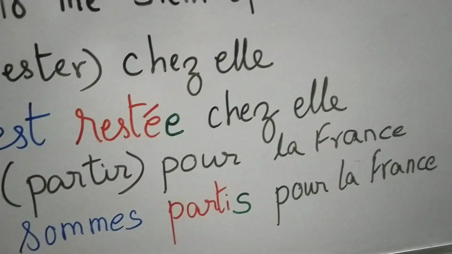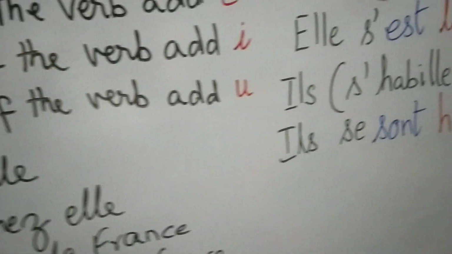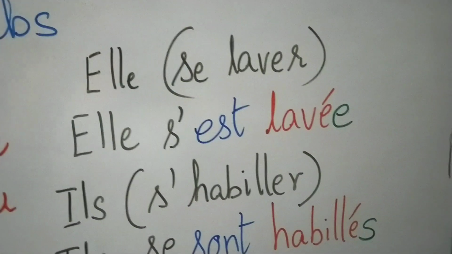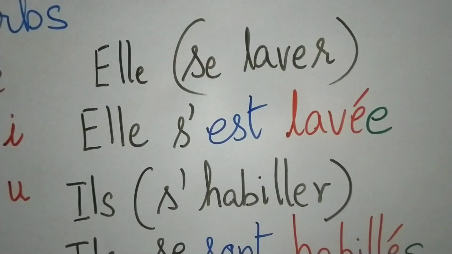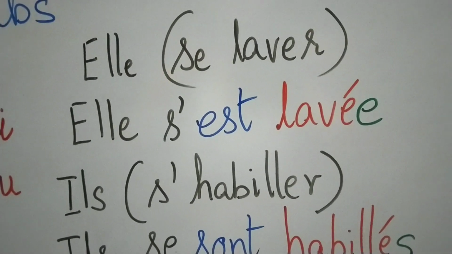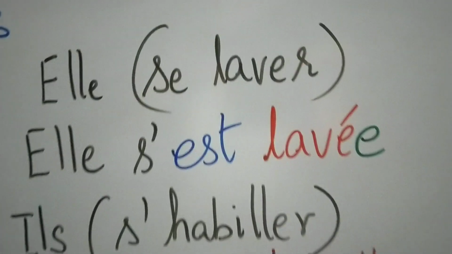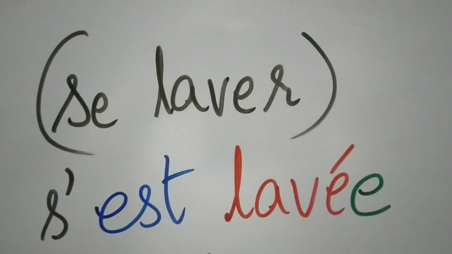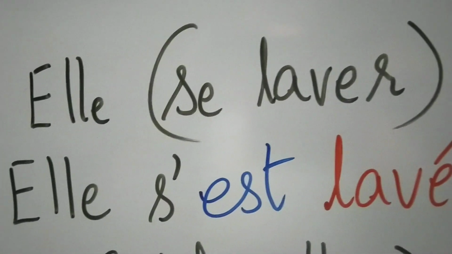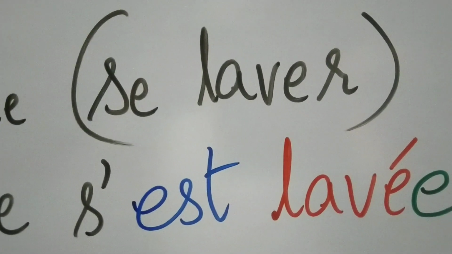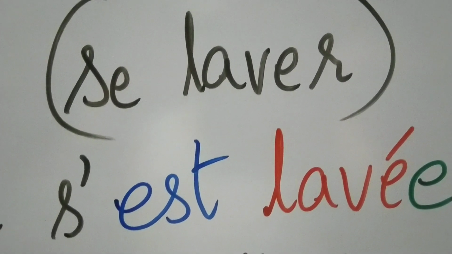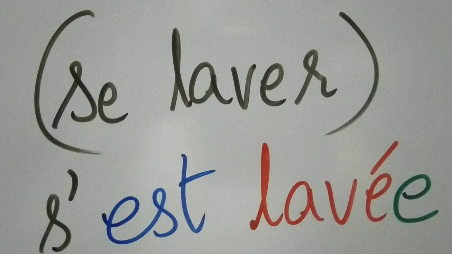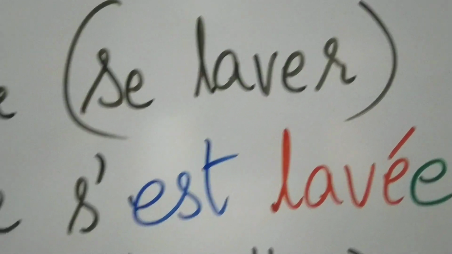Coming to the example of reflexive verbs, we have elle se laver, she to wash herself. So we see the given verb is se laver and it is conjugated with elle. Now se coming before an infinitive tells us that the verb is reflexive.